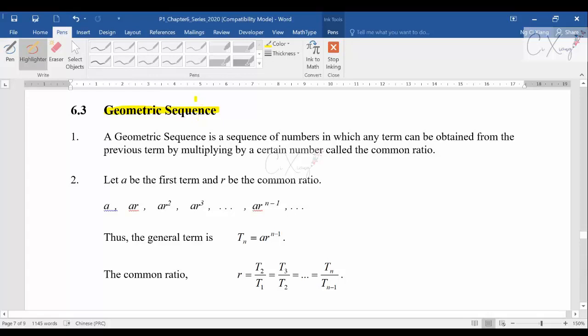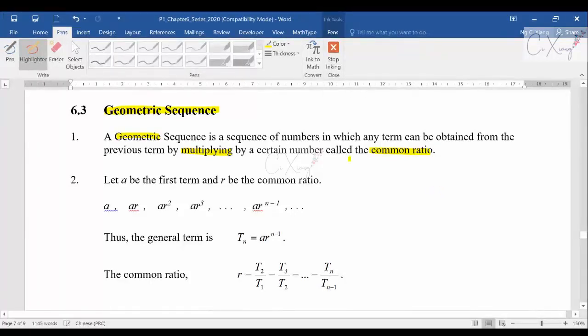Now, different from arithmetic progression, a geometric sequence is a sequence of numbers, that means a set of numbers, where any term can be obtained from the previous term by multiplying by a certain number called the common ratio. For arithmetic progression, we have a common difference because the number is actually a difference or addition from term to term.